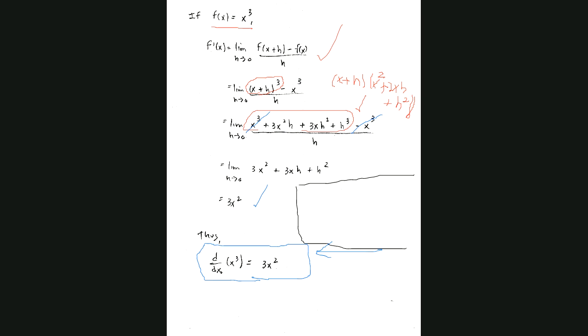Okay, and we can intuitively say, based on this pattern we're observing, that the derivative of x to the fourth with respect to x would be 4x cubed. Okay, we can say that, which some of you already were very comfortable with.